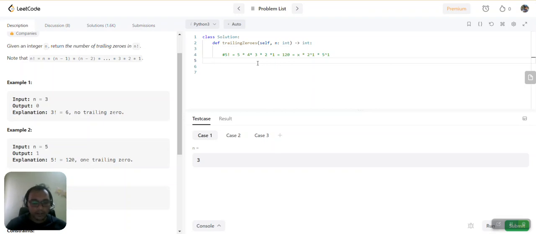For example, if we are calculating 25 factorial, we'll start with 25 into 24. 25 is 5 into 5, so here we have 2 5's, and then we'll have one more 5 at 20, one at 15, 10, and 5. These are all the 5's that we'll get. We'll put dot dot here to denote the remaining numbers, since we're just mentioning the numbers which contain 5.